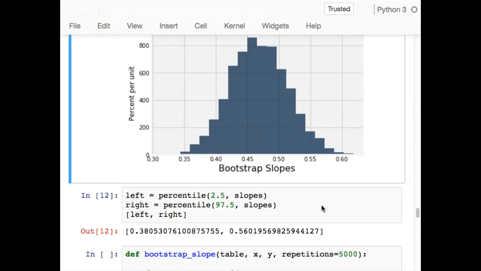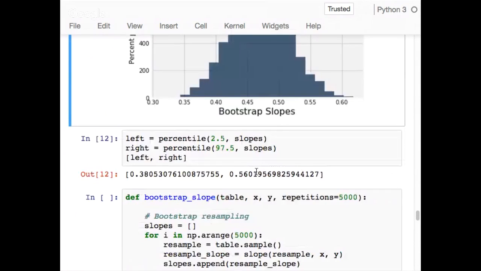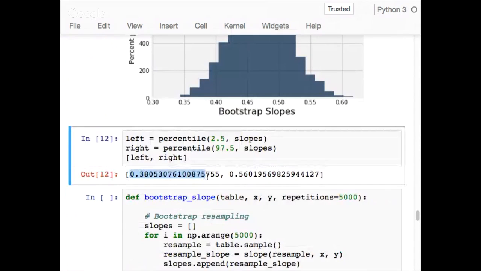That's how we interpret this right here. The confidence interval is these. And again, we get an estimation for the relationship between x and y. And we can say, OK, we are 95% confident that the real population slope lies within these two numbers here.